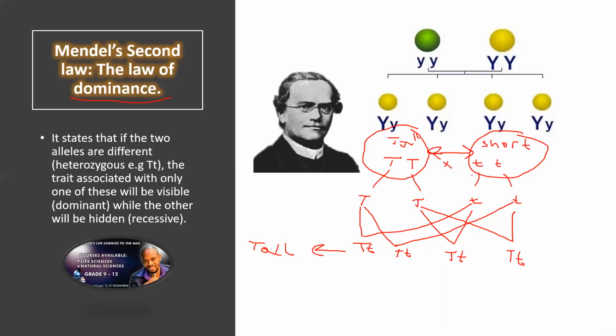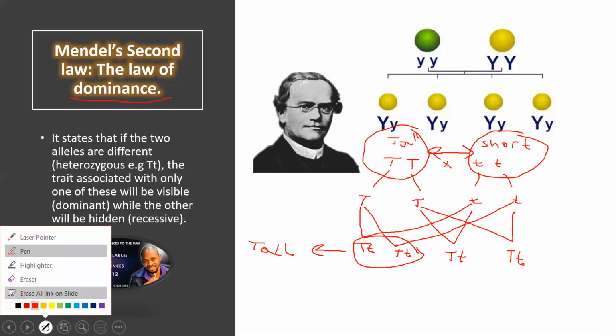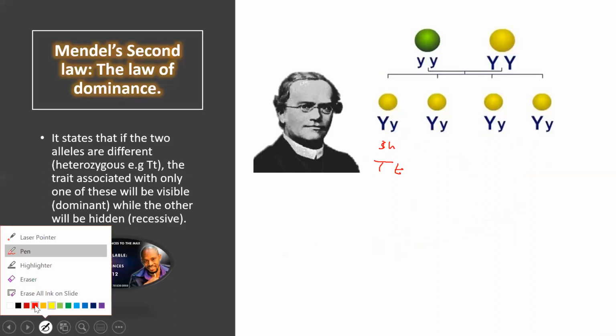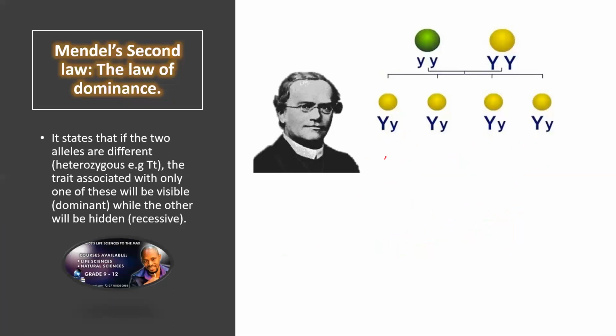He then thought to himself, what if I take two of the offspring and cross them together? What will happen? Let's see what happened. So Mendel took two offspring. Remember the genotypes of the offspring. That is now our F1. And these offspring were actually all tall.